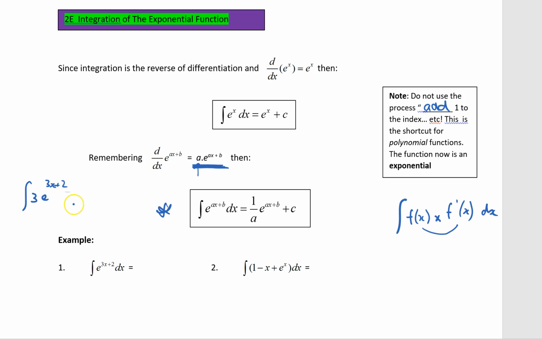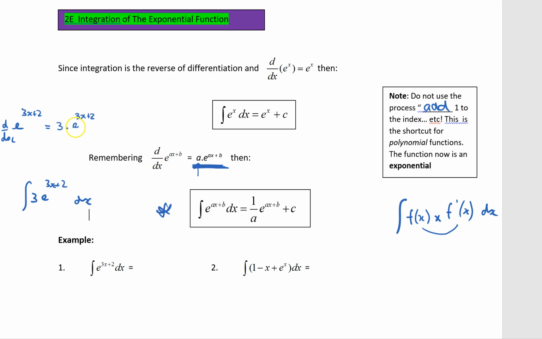And you might be saying, oh, why? Because remember, if I had e to the 3x plus 2 and differentiated it, then I'm going to get e to the 3x plus 2, but then I've got to multiply by the derivative of this little function, which is 3.